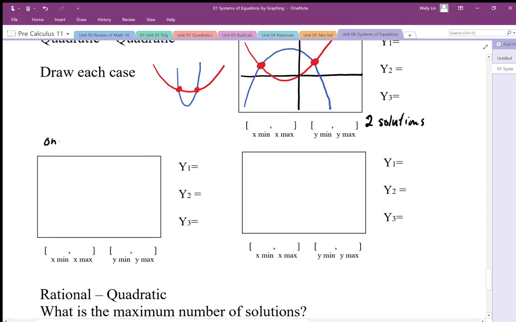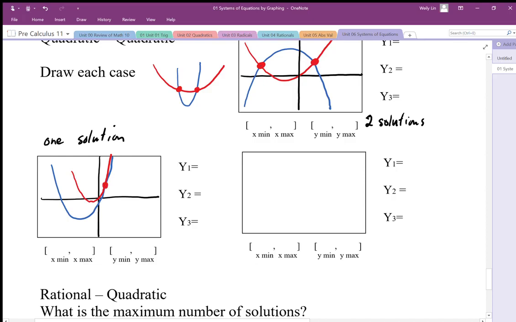So what about one solution? Can we draw a quadratic case with one solution? Well, one way we can do this is we have seen it where we have a parabola and a different shaped parabola, and it just is tangent in one spot. That is the case that we just saw.